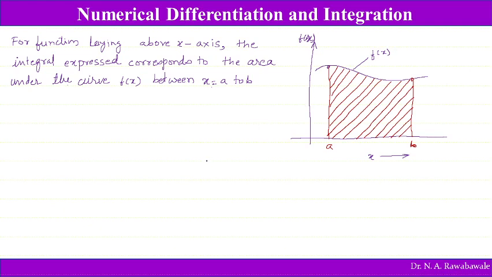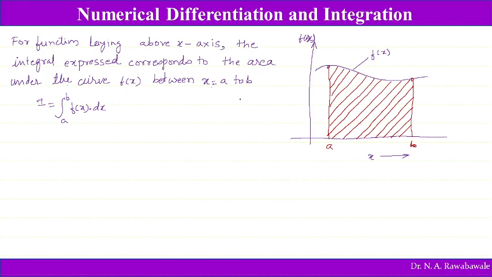So this area can be obtained by this integration. Integral I is equal to the integration from a to b of f of x dx, which gives us the area below this curve or function.